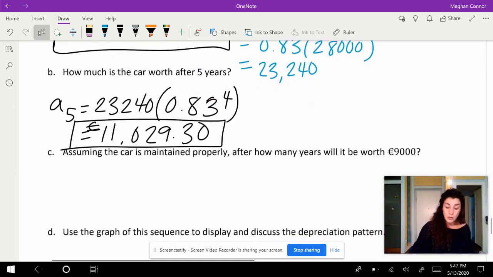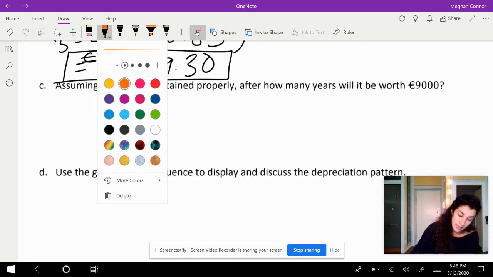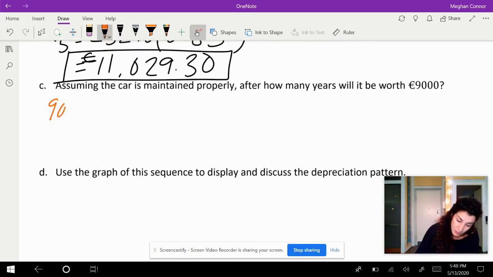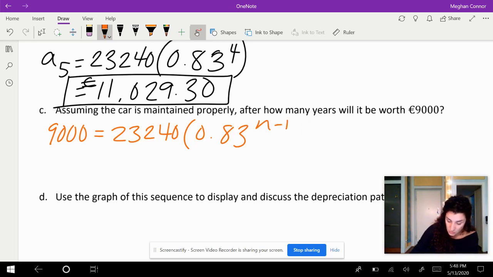You could also set up this equation where 9,000 would be your result equals 23,240 times 0.83 to the n minus 1, right? So we've just made that equation.